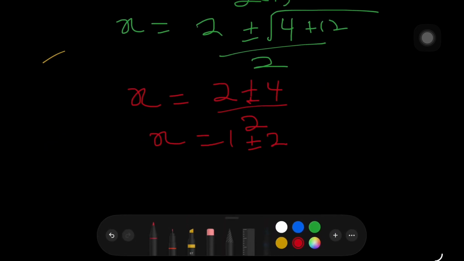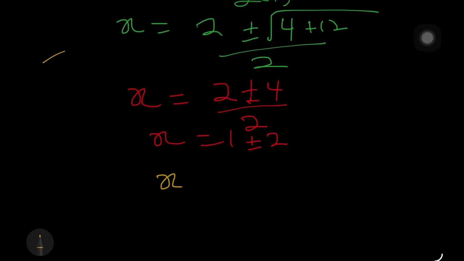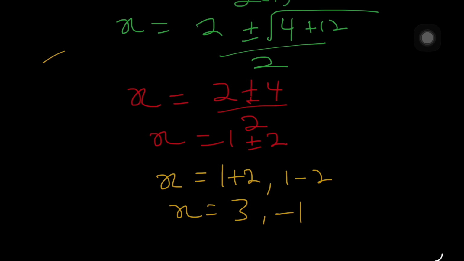So the solution of the quadratic equation will be x equals 1 plus or minus 2. Plus or minus 2 means plus 2 or minus 2. So 1 plus 2 or 1 minus 2. So x will be equal to 3 or negative 1. Simple. This is how you use the quadratic formula to solve quadratic equations.